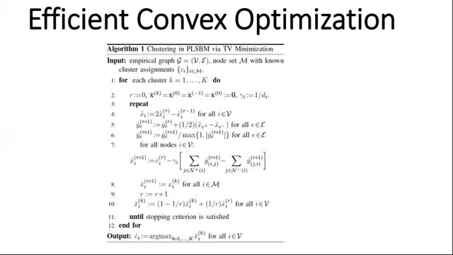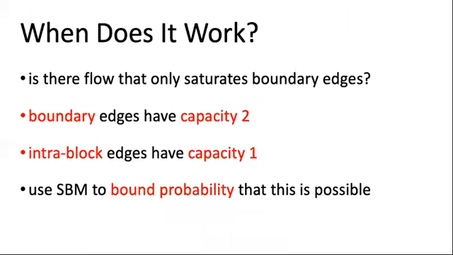This primal dual method is quite robust against such imperfections. So I have written down here the pseudocode for this primal dual method. And these updates can be implemented as message passing updates. So this amounts to a message passing protocol, which is highly scalable.